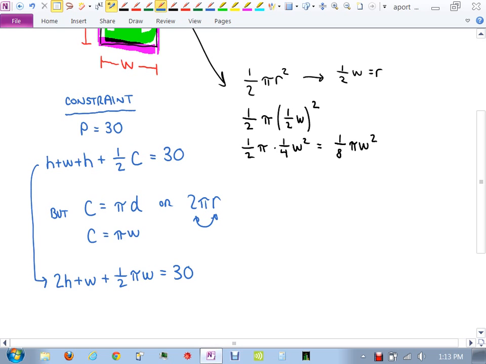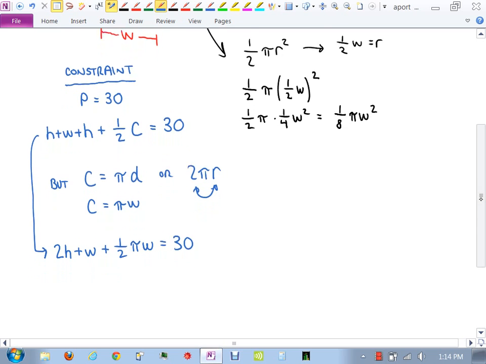Can we solve that equation for h or w? Can you get h by itself or w by itself on that equation? Yeah? Which one would you prefer to solve for? I think h is easier, right? You take those w's to the other side and then divide by 2. So why don't we do that?